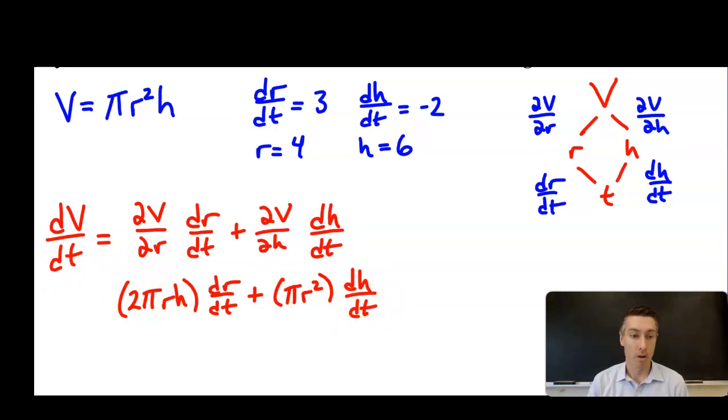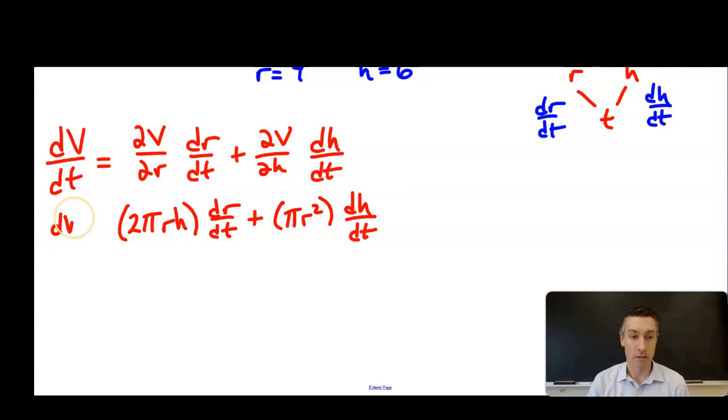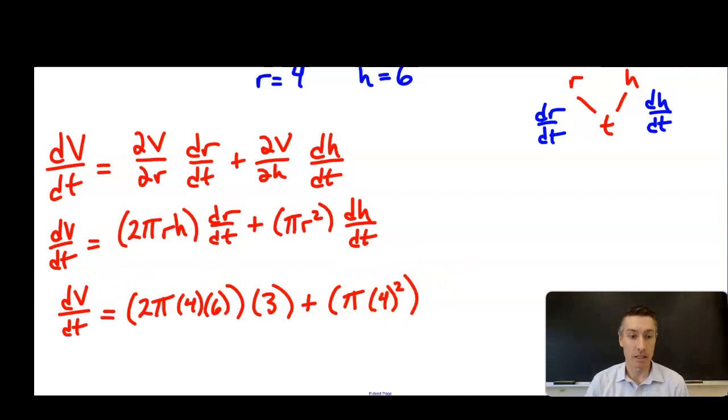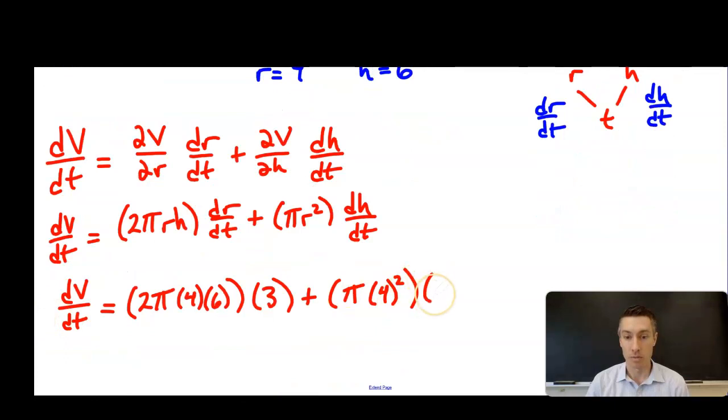So now we can plug all our values in, right? So dv/dt equals, substituting in, 2 pi times 4 times 6, dr/dt was 3, plus pi times 4 squared, and then dh/dt was negative 2.